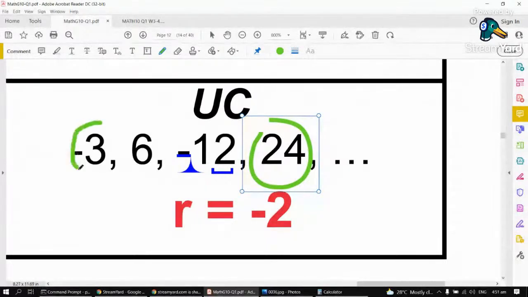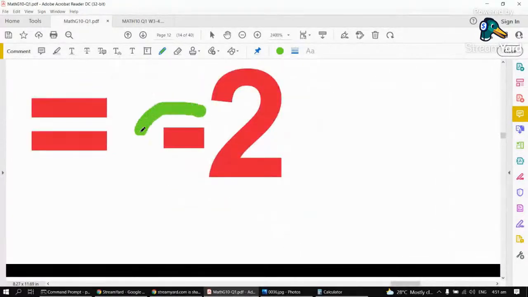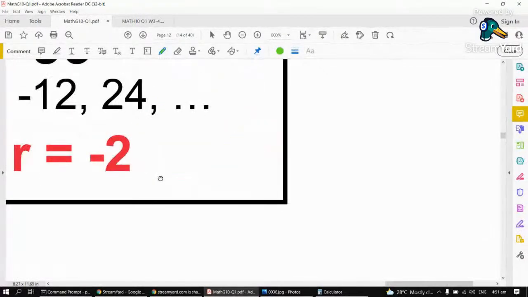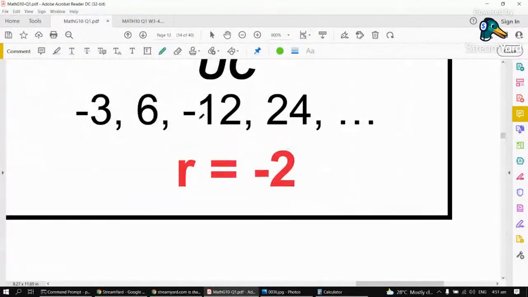So, negative, positive, negative, positive. That's why ang ating common ratio is negative. And then, kita natin, ang common ratio is 2. 24 divided by 12 is 2. 12 divided by 6 is 2. 6 divided by 3 is 2.